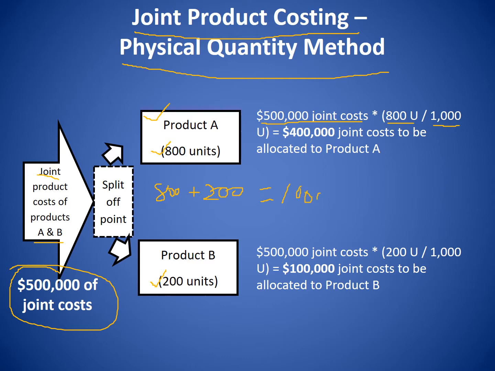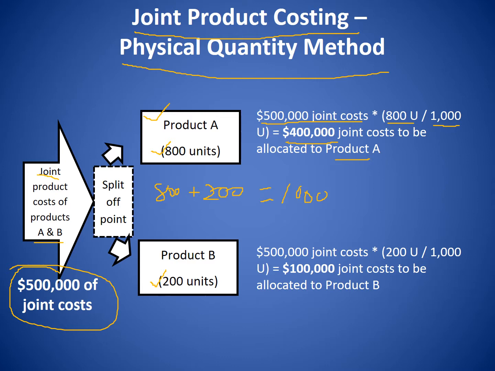So we divide the 800 units of product A by 1,000 units total, which means when we do the allocation, 500,000 times 80% means we will allocate $400,000 of joint cost to product A.